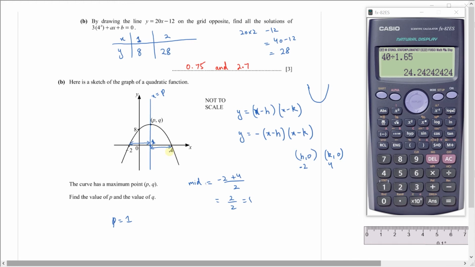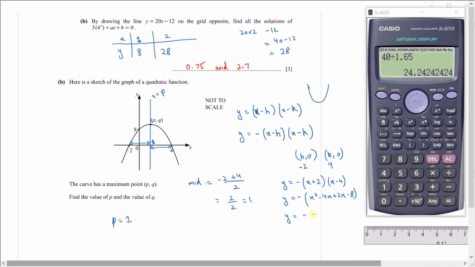So if I substitute the values in this equation, I get y equals minus (x plus 2) into (x minus 4). So y equals, if I multiply these brackets and keep the negative sign as it is, I get x squared minus 4x plus 2x minus 8.